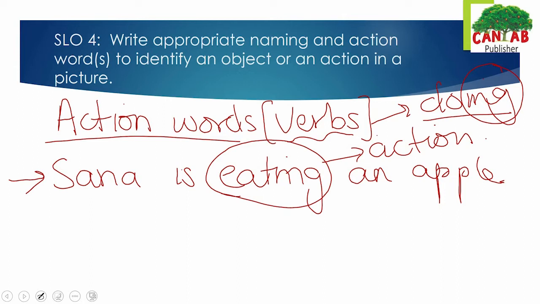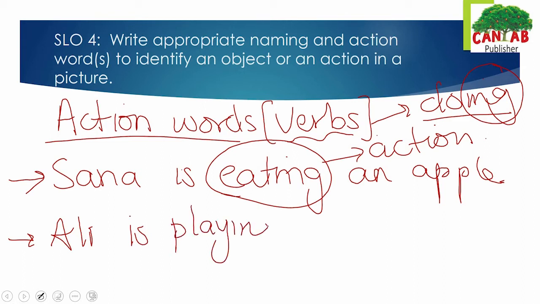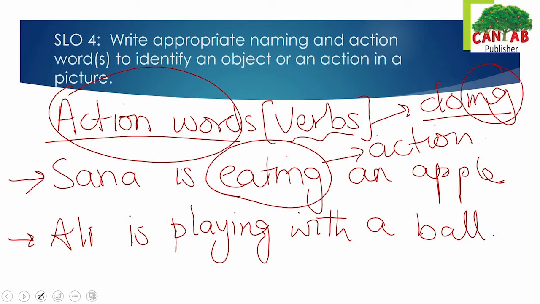Let me give you another example. Ali is playing with a ball. Let's keep our focus for some time with the action words, and then as a revision we'll also repeat the naming words. Another sentence is in front of you.